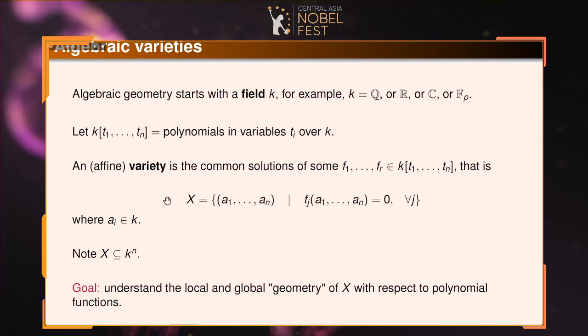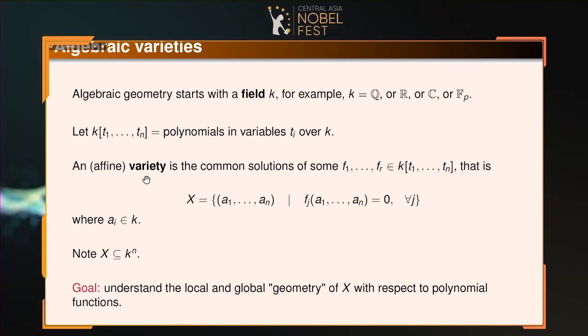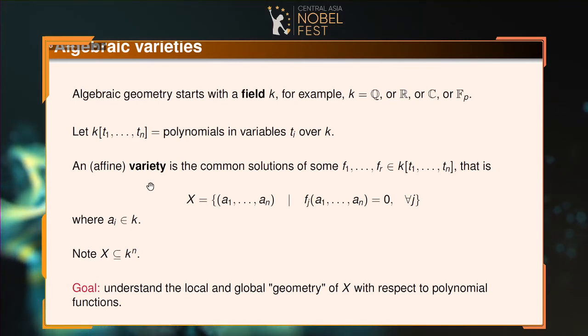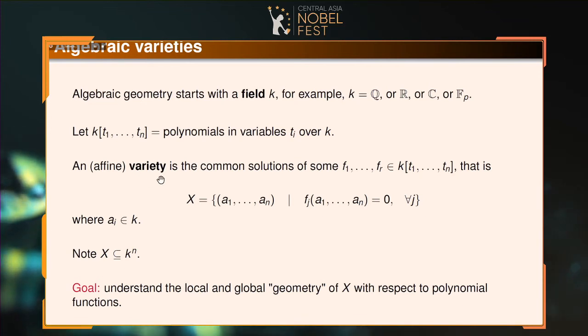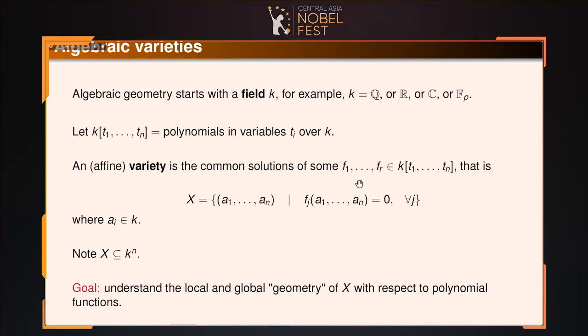And then the next step is to define the geometry. Now, a variety, or a geometric space in algebraic geometry, so these are the main geometric spaces, is simply the common solutions of a collection of polynomial functions. You can even take infinitely many of them.